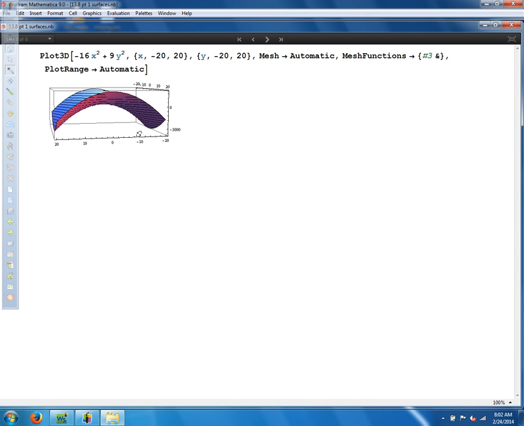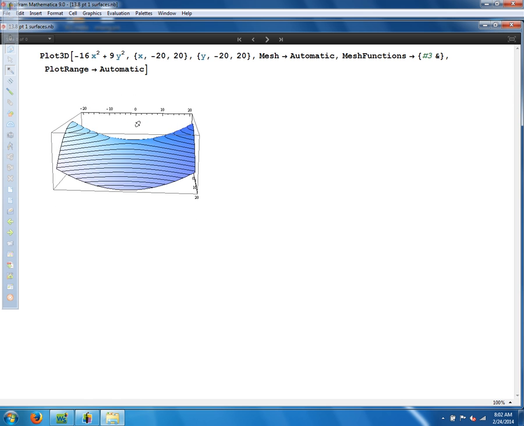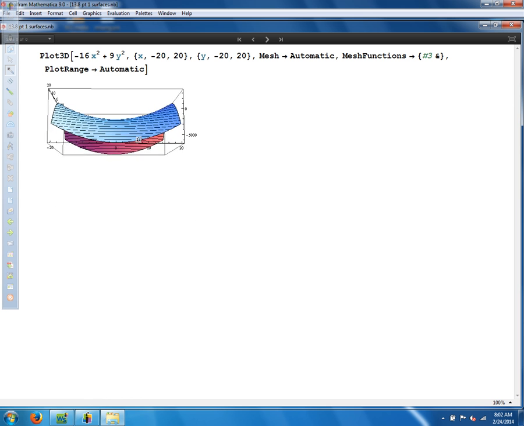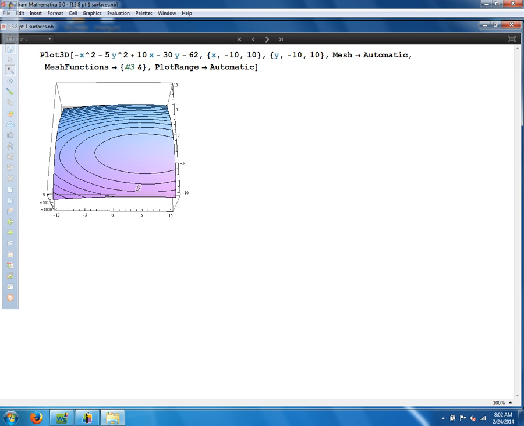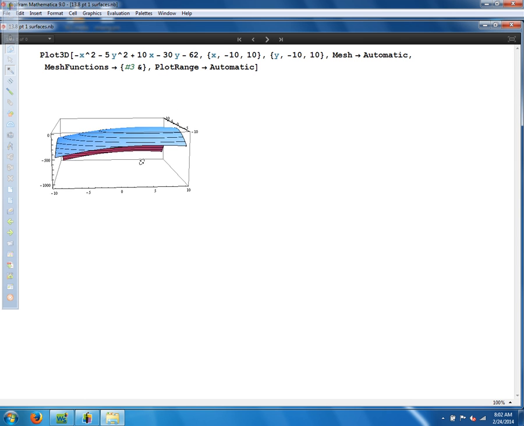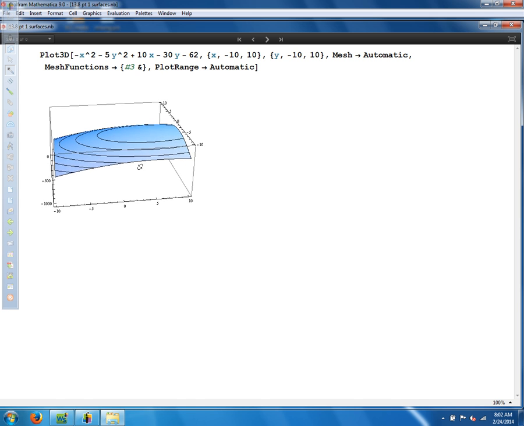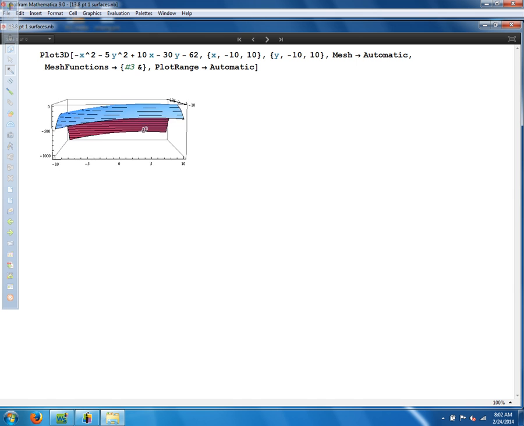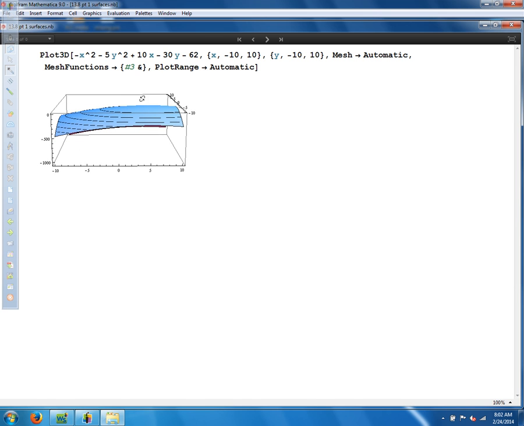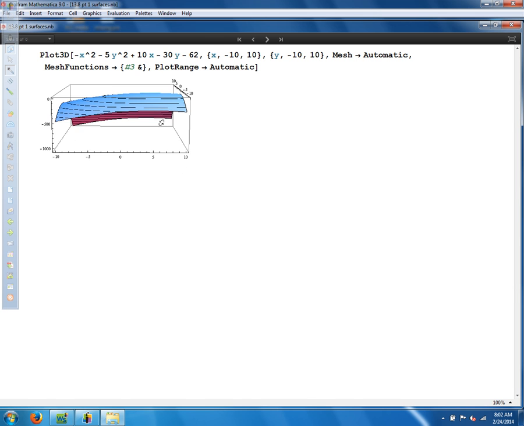No, that's a different one. That's our hyperbolic paraboloid that we talked about, where we end up with a saddle point. Here's the one we just found: minus x squared minus 5y squared plus 10x minus 30y. So yeah, that's the one we just looked at. We found the relative maximum right up here for that function.